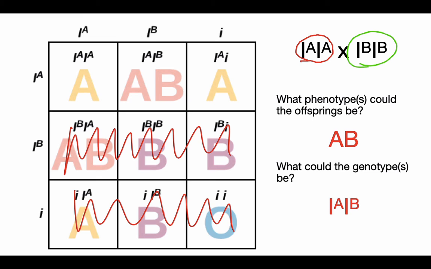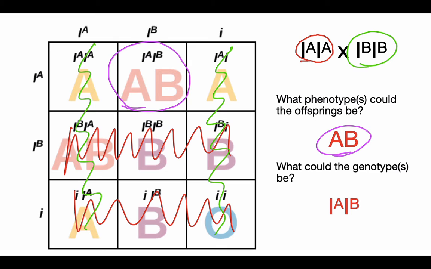Big IB, which means they can't give big IA, they can't give little i. So we're not looking at anything here. The only thing that this offspring could be would be AB and big IA, big IB. So again, what we're trying to do is eliminate the ones that you can't be and then see what's remaining.